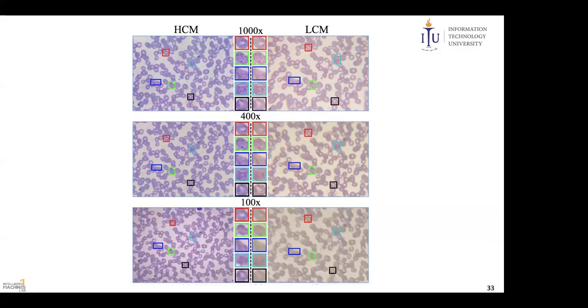Yeah, you're right. This is an interesting question. Let's forget about the image at the moment. When we say high cost microscopes, the cost comes from three factors, which maybe somebody in the audience knows better than me.